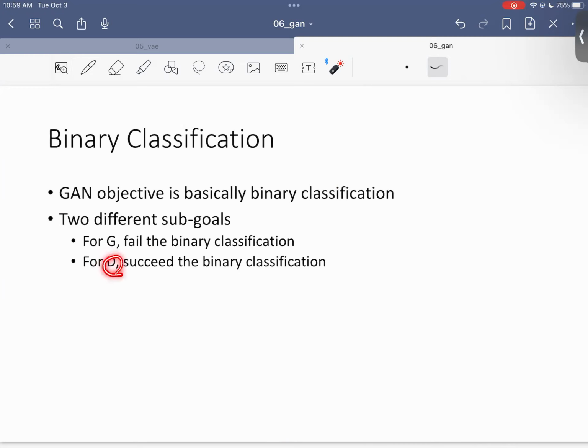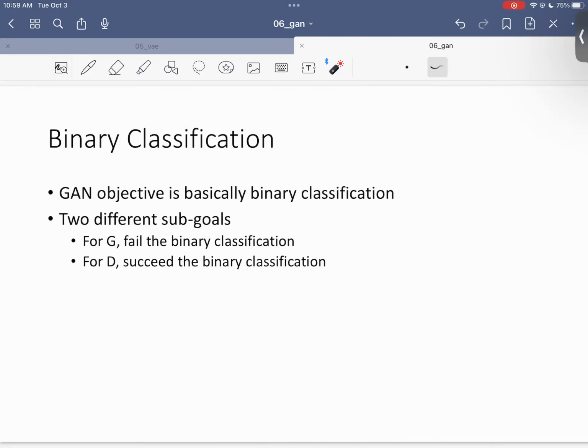So D needs to succeed at the binary classification, but G needs to trick D, which means G wants the binary classification to fail. So they have competing objectives. G wants to fail and D wants to succeed. And that is where the competition begins. And when these two reach an equilibrium, then the training is over, basically.